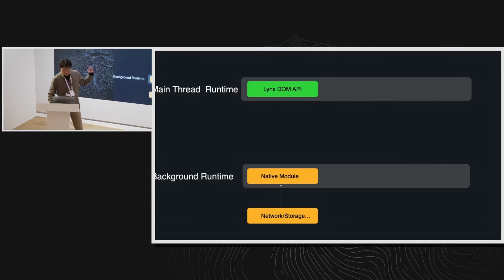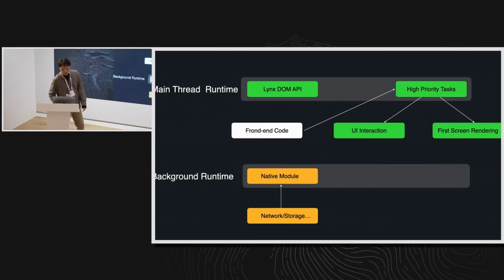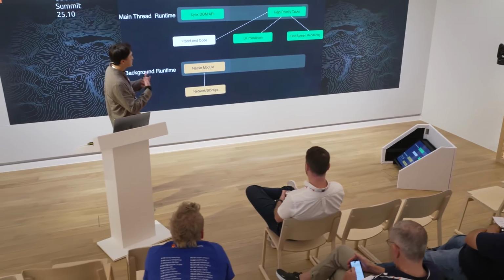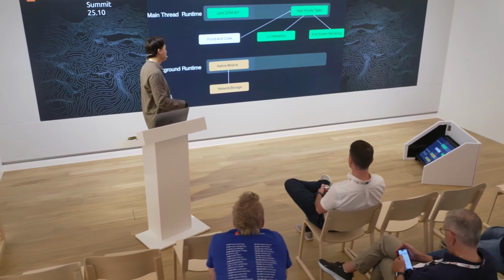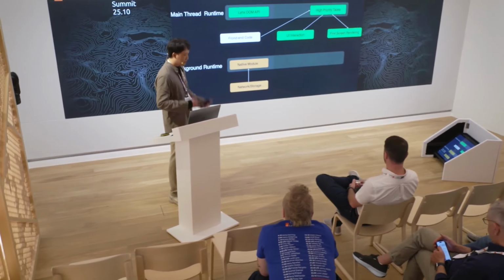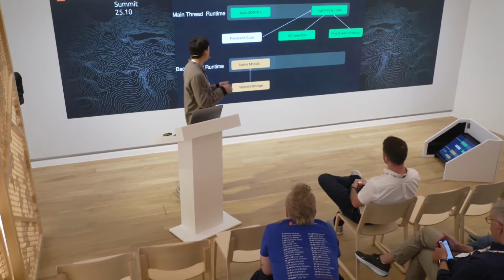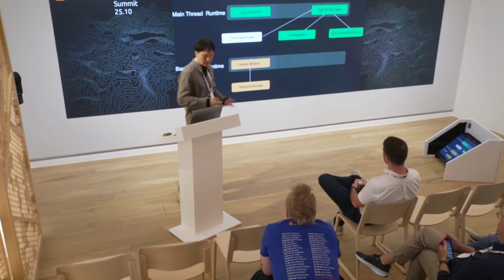So when the front-end code is compiled by Lynx, it will be compiled into two different scripts. One script is for the high priority user interaction tasks, which include the first screen rendering and the user interaction handling. It will run on the main thread runtime, as well as the system UI thread.